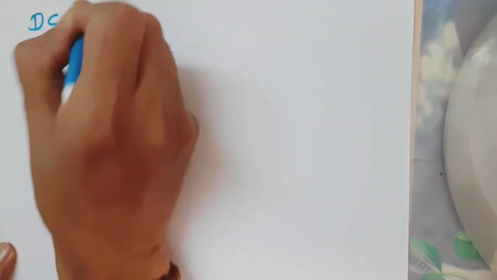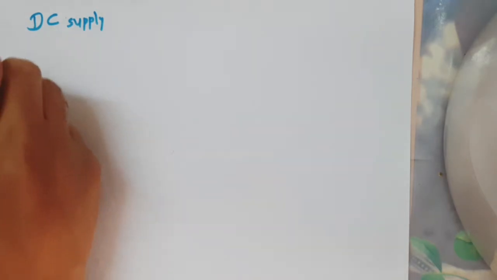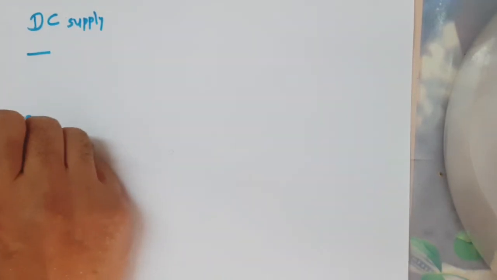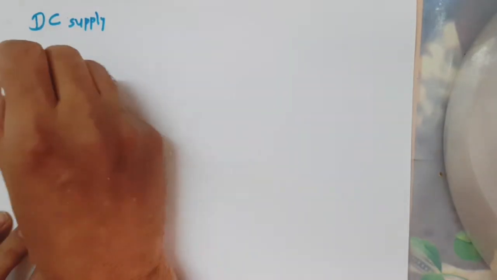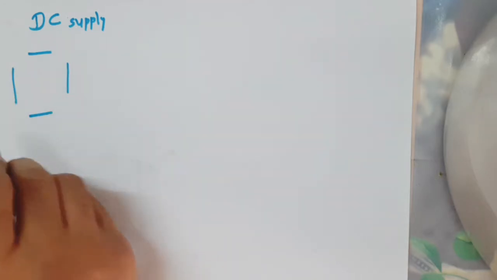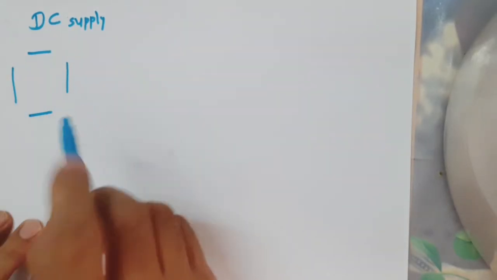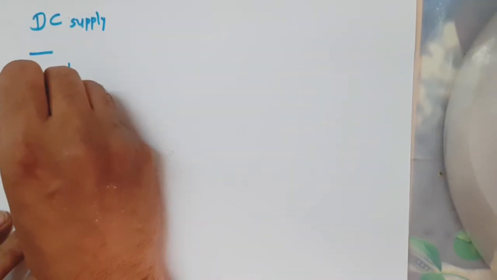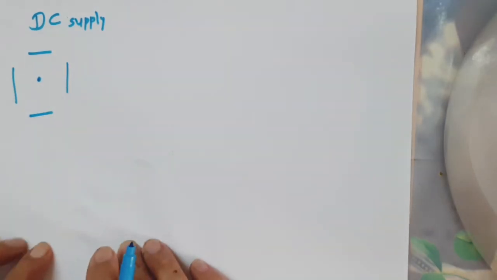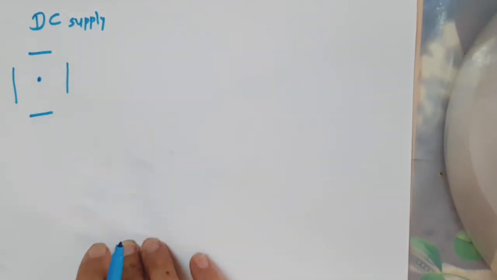So if we are applying a DC supply, this is our horizontal plate, this is our vertical plate. When there is no voltage between the horizontal deflecting plates and between the vertical deflecting plates, the spot moves towards the center of the screen.